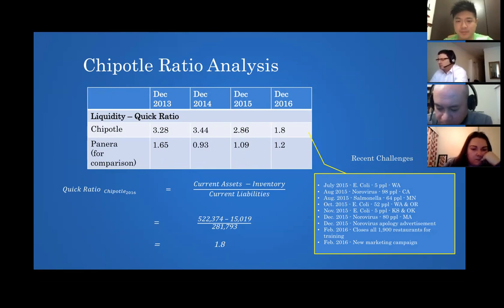So given those specific reasons, sales and assets were lower in December 2016 compared to December 2015. So that's pretty much it. It's a pretty easy ratio to calculate, and I hope everybody has a better understanding now.